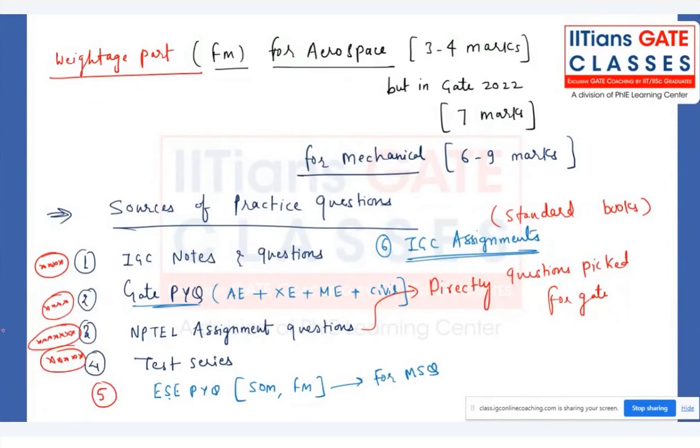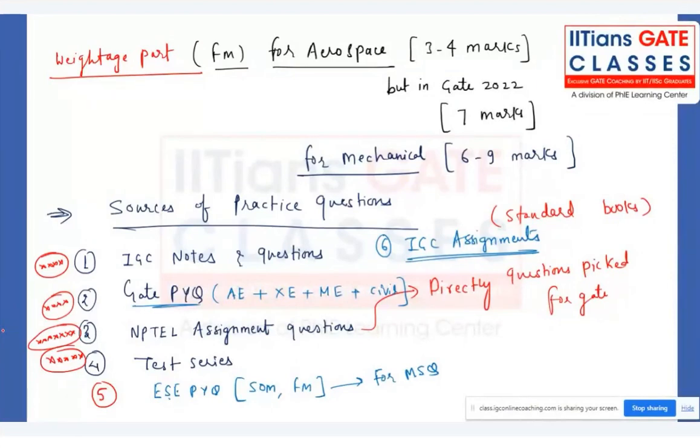At least 50 problems are there for one topic, but you will not have sufficient time. You will not be learning only fluid mechanics for a whole year, right? Instead of solving 50 questions, you solve only 10 questions from the IGC assignment, because they have selected the most relevant and most challenging questions out of the 50, right?